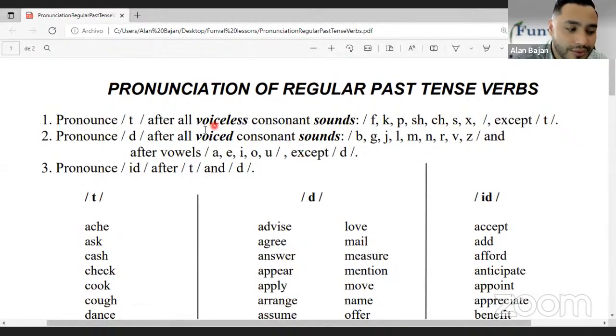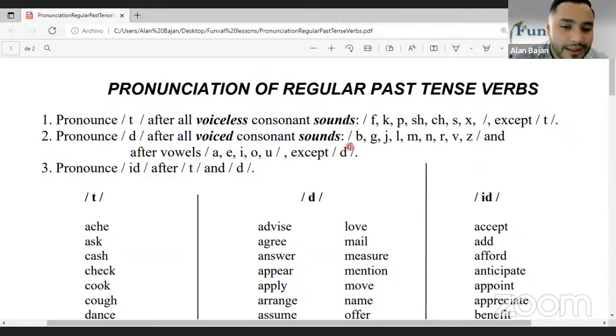¿Cuáles son los sonidos vocales o abiertos? B, el sonido de la G, G. J, el sonido de la J. L, M, N, R, V. And Z. El sonido de la Z es con la garganta, Z, como un zumbido.